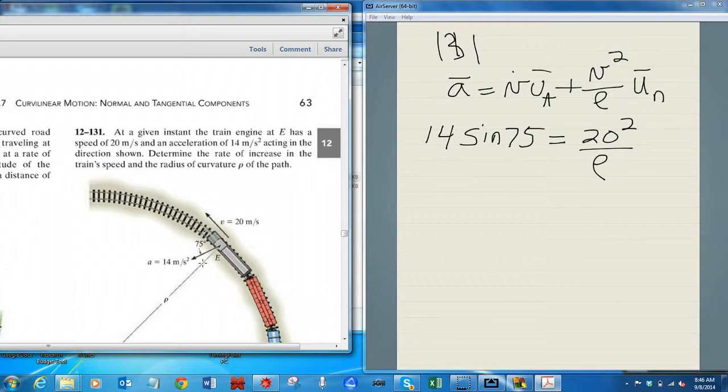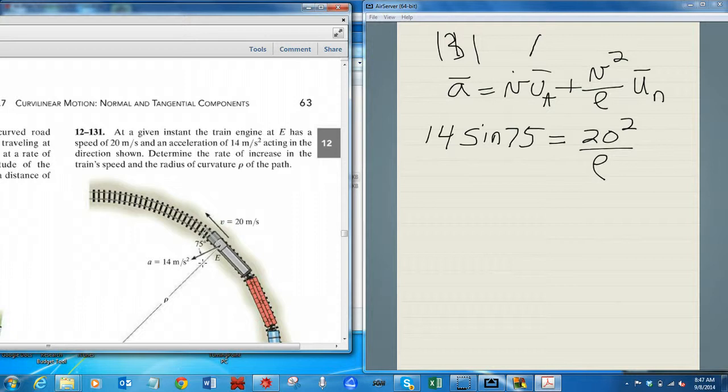Then what else do you want me to do? Determine the rate of increase in the speed. You want v dot. How do you find v dot? What is the tangent component of acceleration?